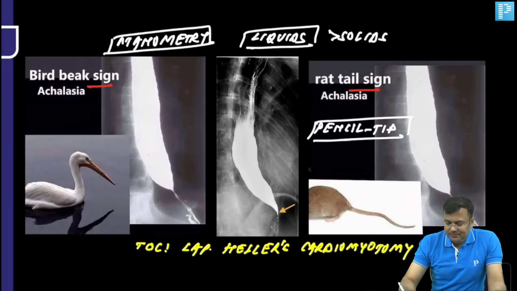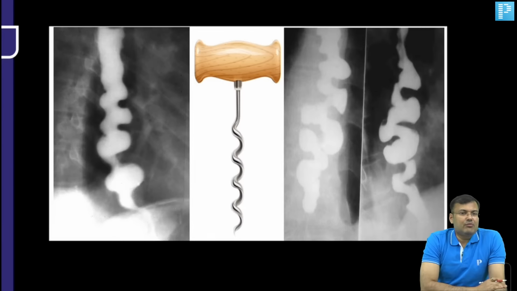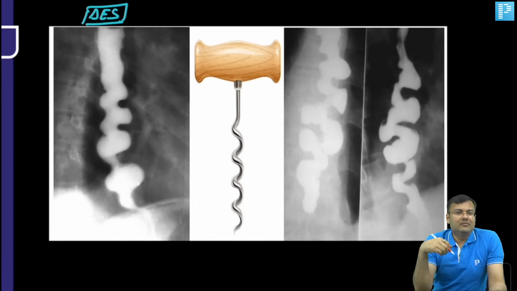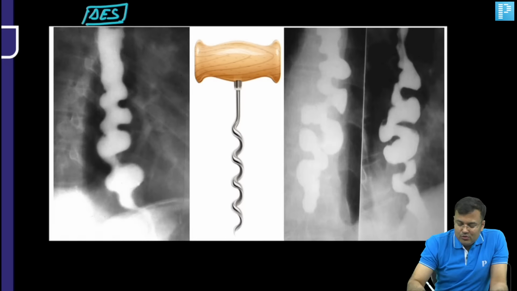Okay. Next, guys, easiest question, what's the name? This is diffuse esophageal spasm, and in this diffuse esophageal spasm, what you can see? What is the name of this appearance? This is corkscrew, also known as rosary bead, also known as pseudo-diverticular appearance.